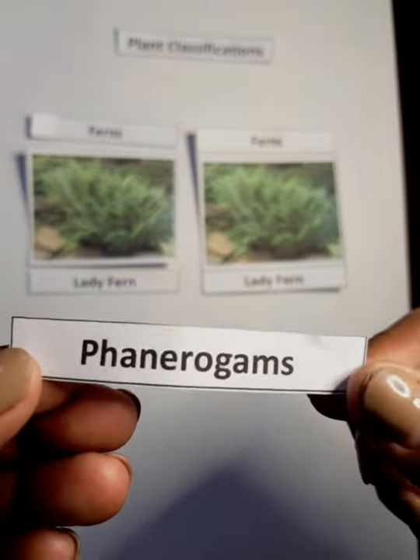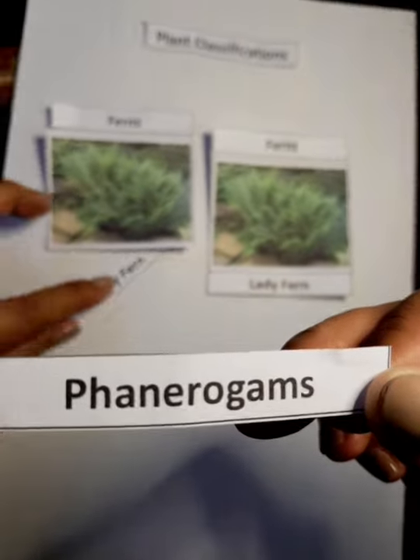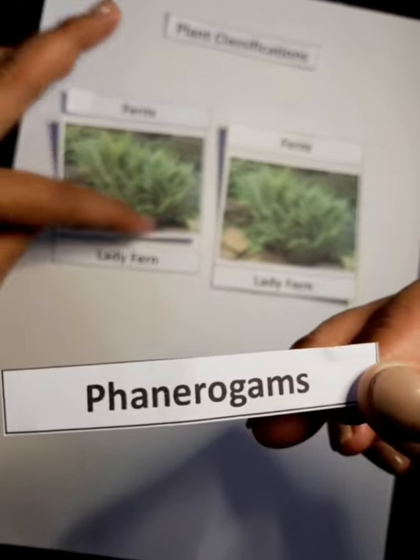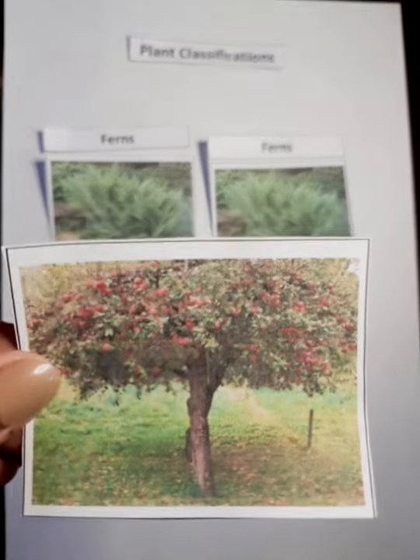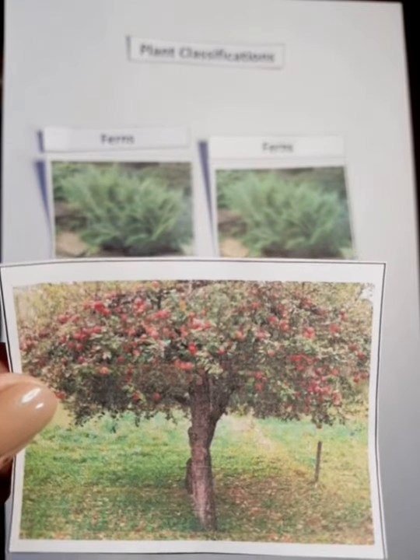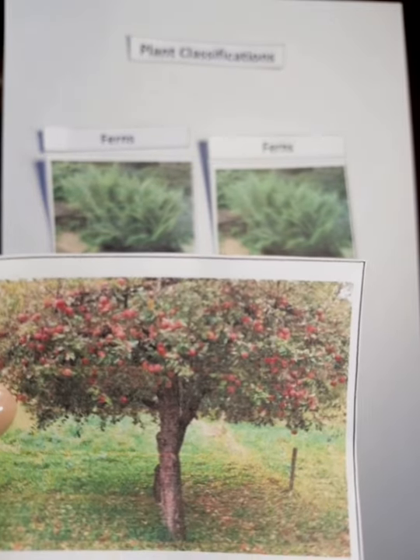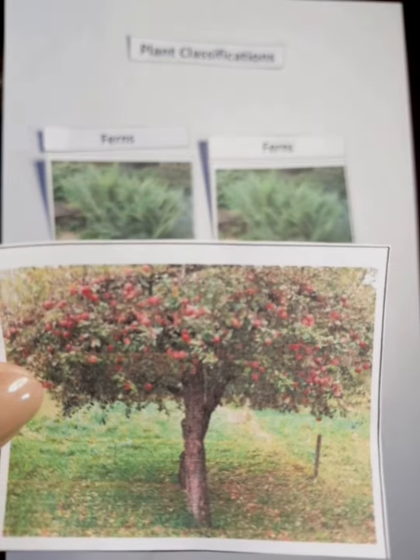Okay. One example of the phanerogams is tree. Yeah. Any kinds of tree that comes from seed. For this example, apple tree, because apple tree came from the seed.